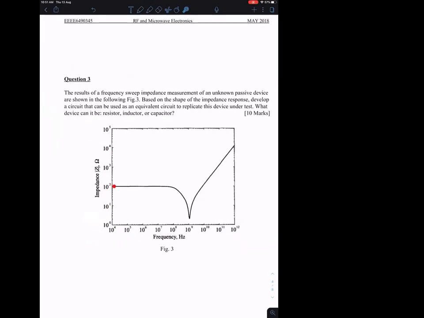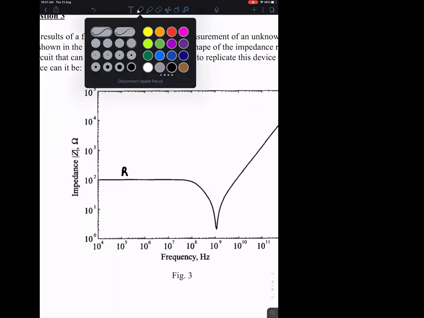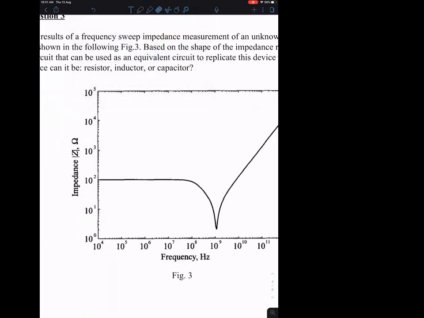You can see the impedance is around 100 ohms. It's purely resistive, and you can see it's around 100 ohms.